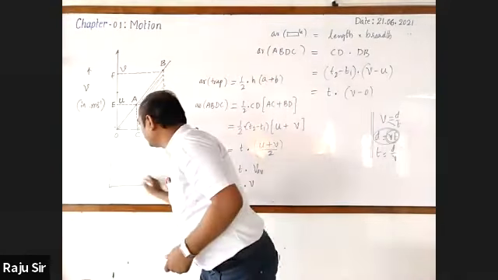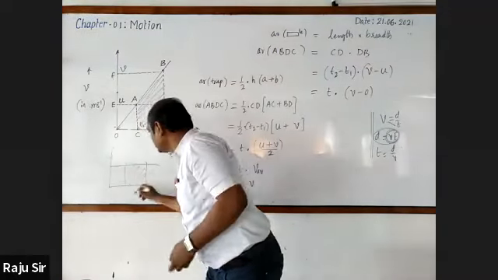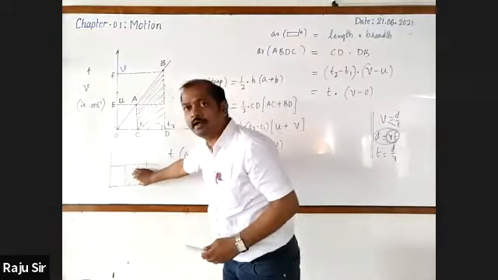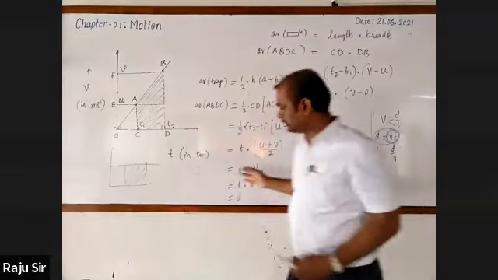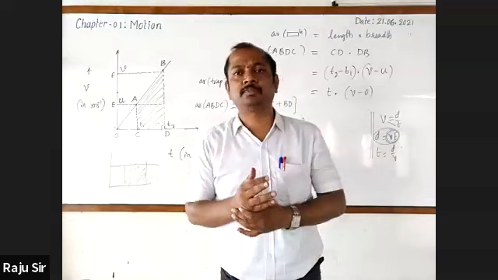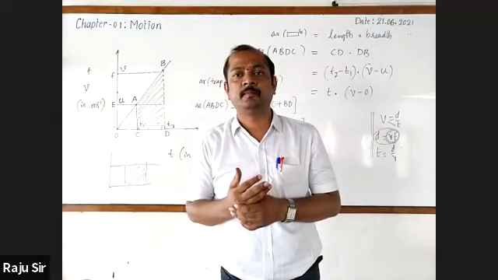Similarly, I told you, area under the VT graph of constant velocity is also distance or displacement. These two are very important concepts from the examination point of view as well.